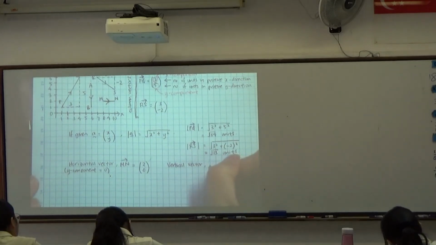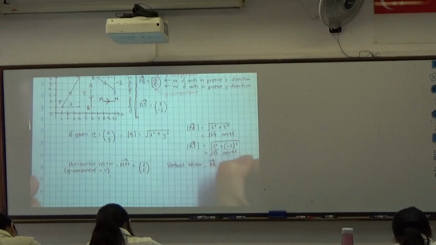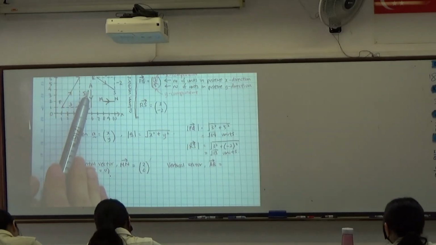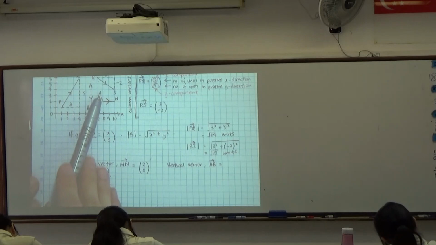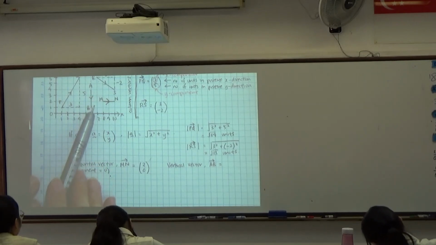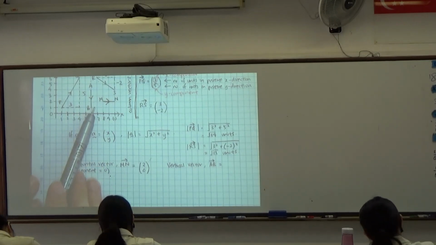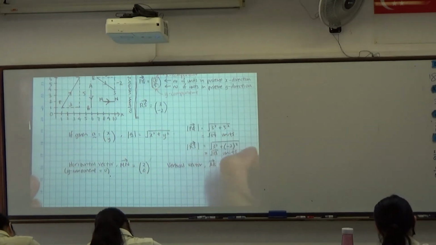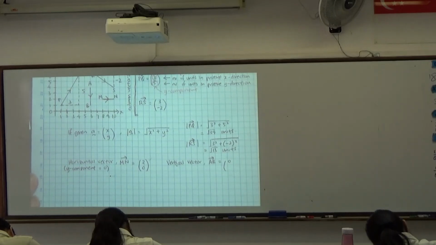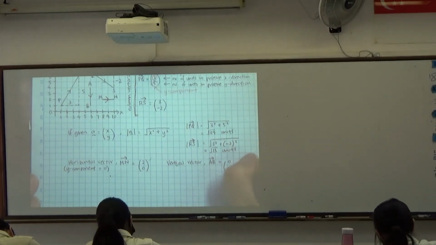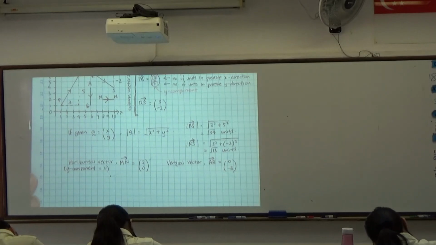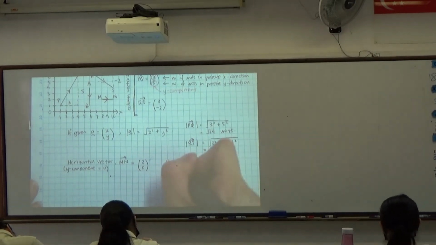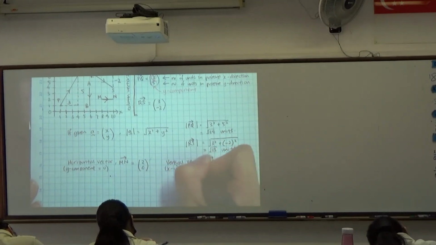So vertical vector AB, starting at A, there is no left or right direction. It is only going downwards, which is a negative y direction. So the x component is 0, and the y component will be, in this case, negative 3. So for vertical vectors, your x components are always 0.